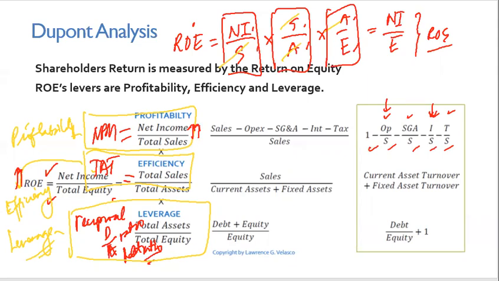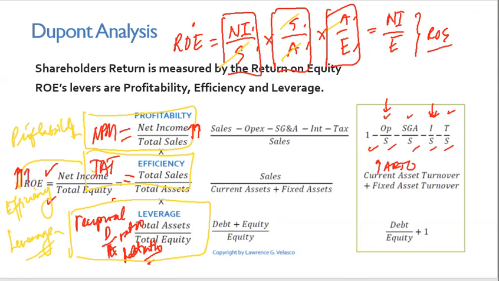Okay? Well, let's go to efficiency. If you improve AR turnover, okay, so increasing the AR turnover means you are collecting faster, right? Increases its efficiency, right? And so therefore increases return on equity.